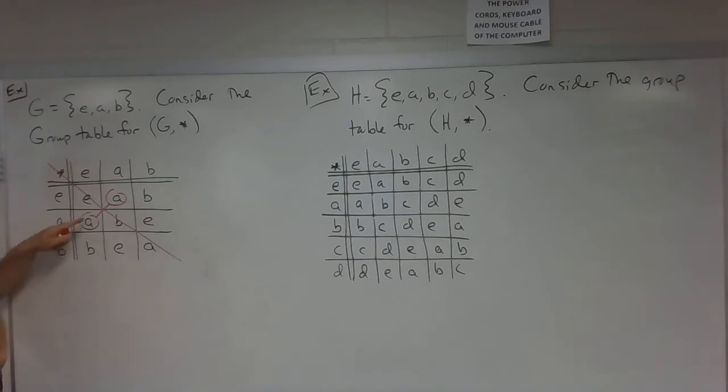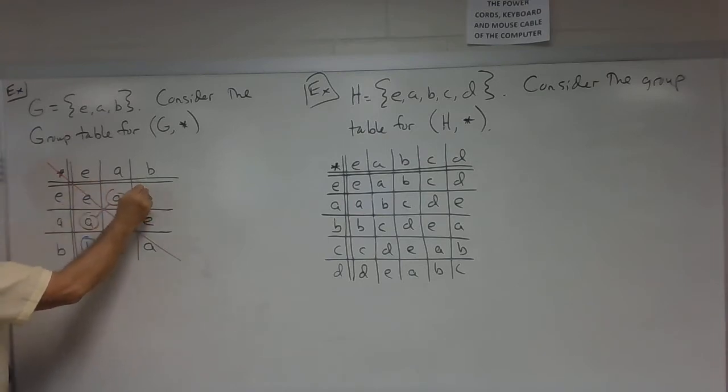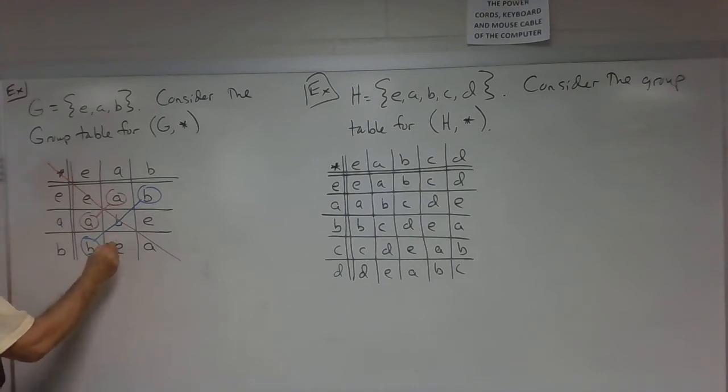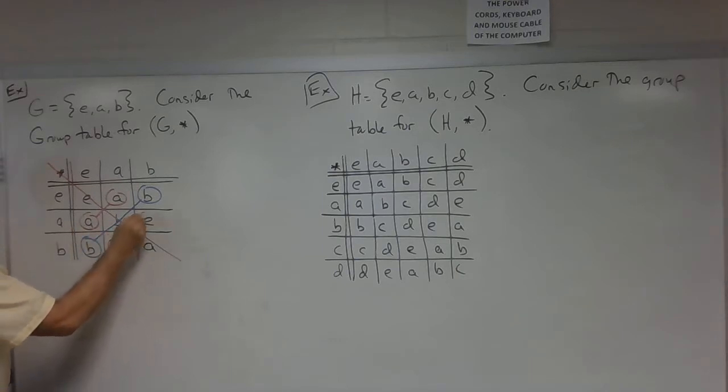Row A, column E, and row E, column A, they're the same. Let's look at this pair. Row B, column E, and row E, column B. And finally, row B, column A, and row A, column B.